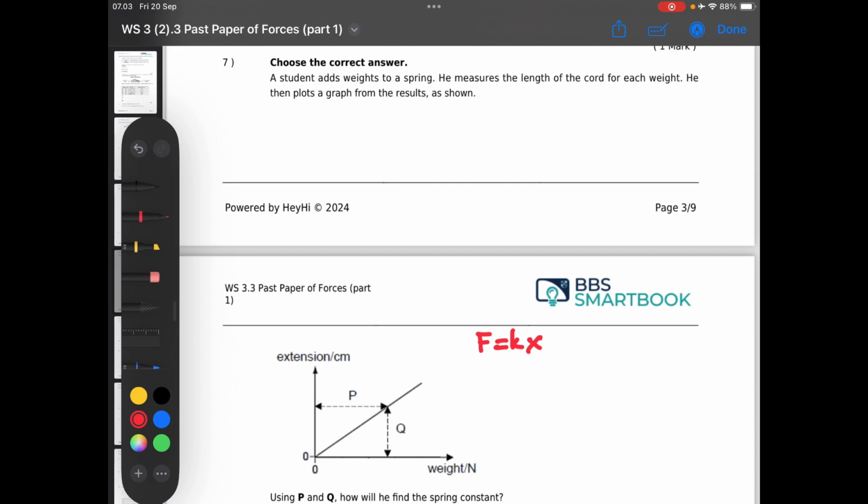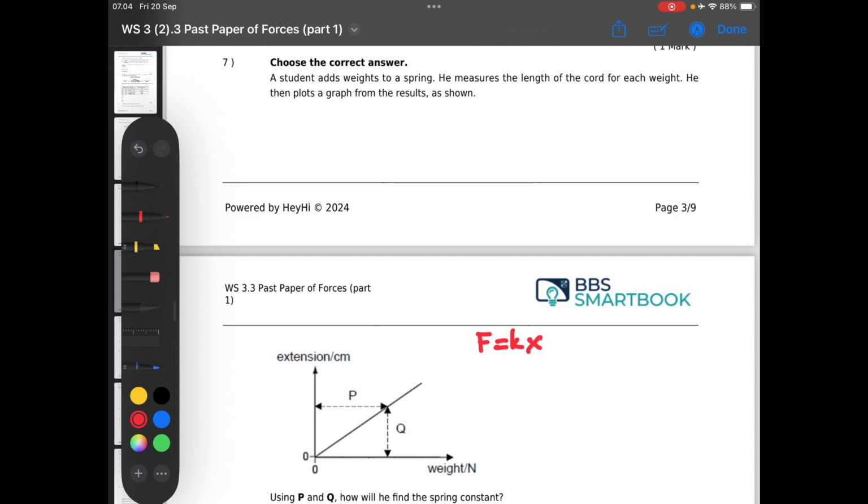The question is how you can get the spring constant. I said before, the spring constant can be found by finding the gradient. But be careful. At that time, the weight was on the y-axis and the extension on the x-axis. But right now, they are reversed.